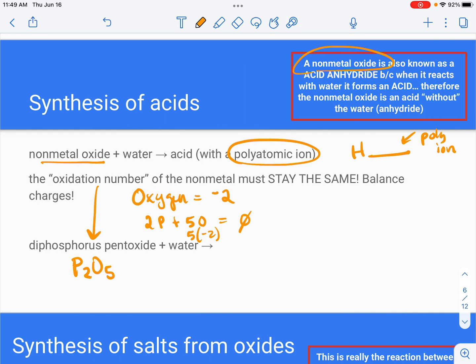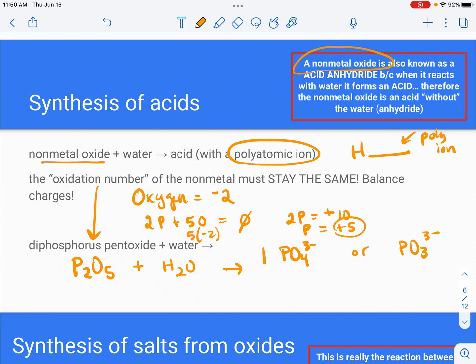And I can do this algebraically if I'd like: 2p equals +10, so p equals +5. And this is the oxidation number. We don't need it for a Roman numeral, but we do need it because when we add it to water and form an acid, I need the oxidation number in my acid to be +5. So you need to know a little bit about polyatomic ions here, and you need to choose whether this acid, with phosphorus and oxygen, is going to be either PO4 or PO3.